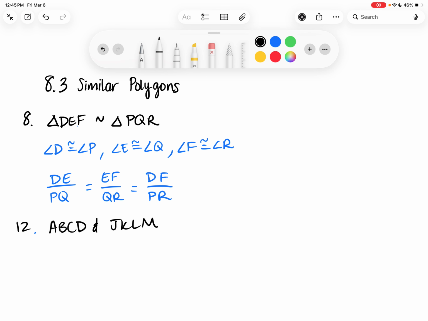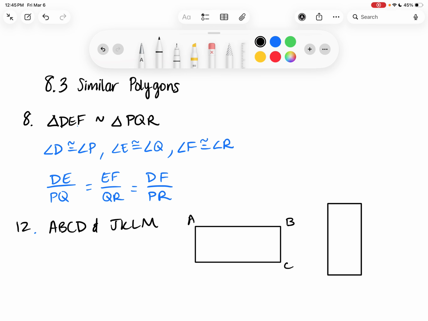One's facing this way, and the other one is like this. So this would have been all given information here.